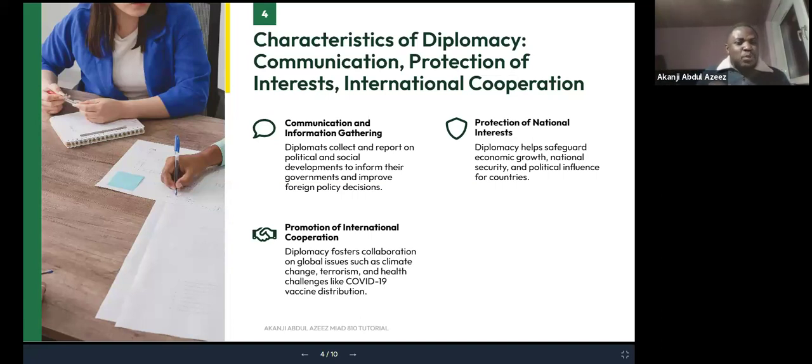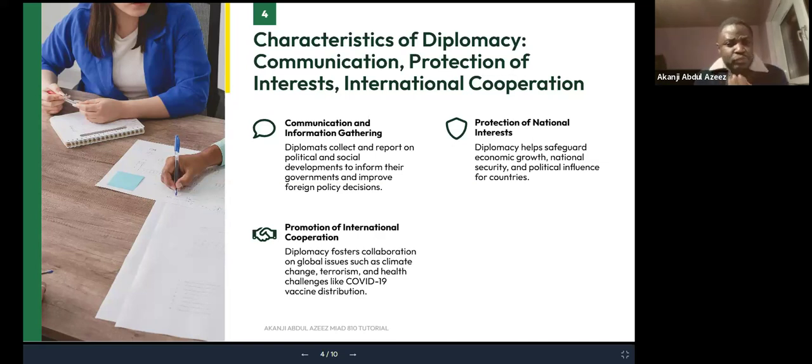So the protection of national interest. Diplomats help countries protect and promote their national interest. I want to talk about the national interest.